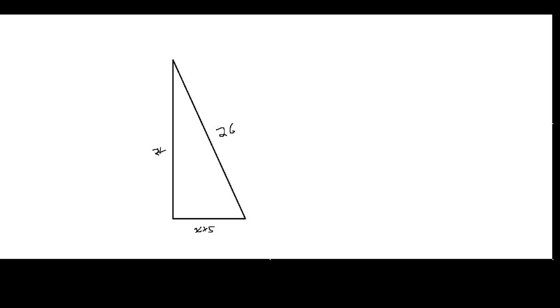So 3, 2, 1. Okay, so first you start out like normal, right? So you have 24 squared plus (x plus 5) squared equals 26 squared.